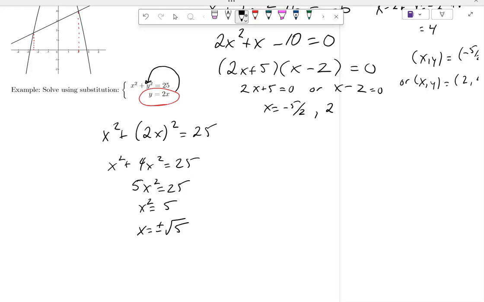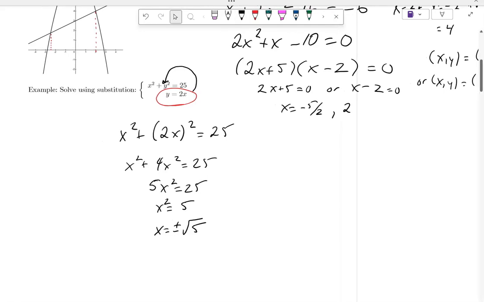So those are the x values, right? Positive square root of 5, negative square root of 5. So we also need to find out the y values associated with each of those. So if I have x equals negative square root of 5, what's the y value associated with it?